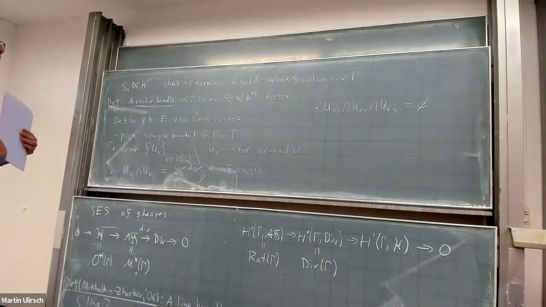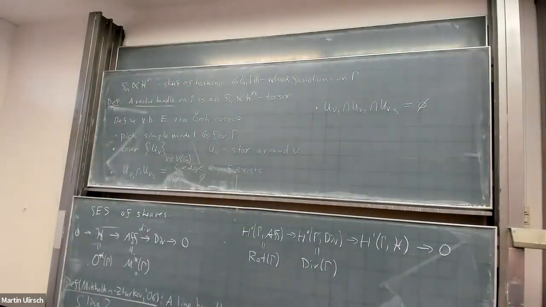A vector bundle on a metric graph is just given by a GL_n(T)-valued harmonic function on each edge.